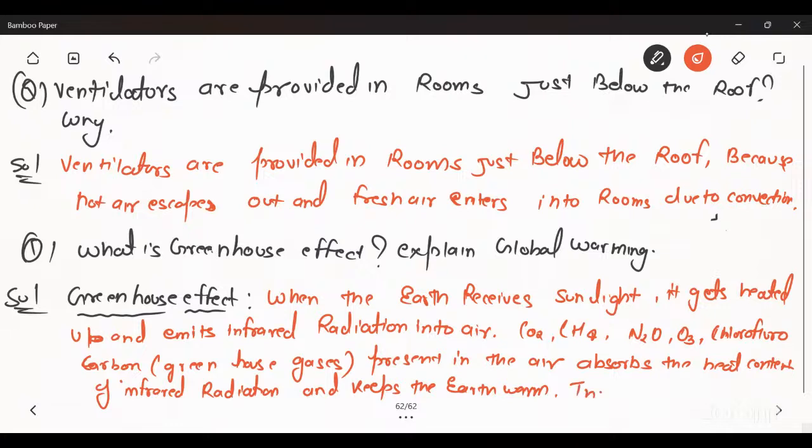This is called the greenhouse effect. Okay.